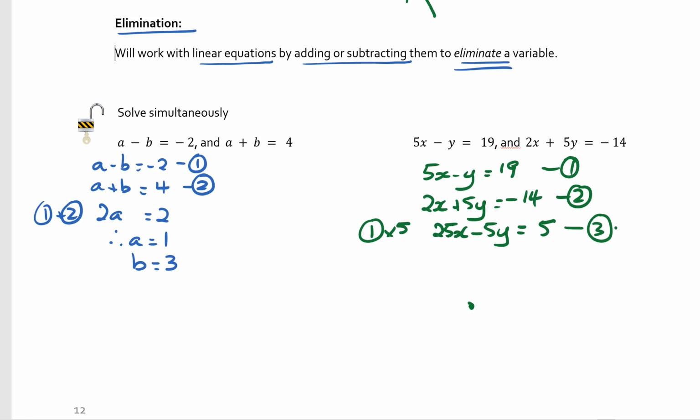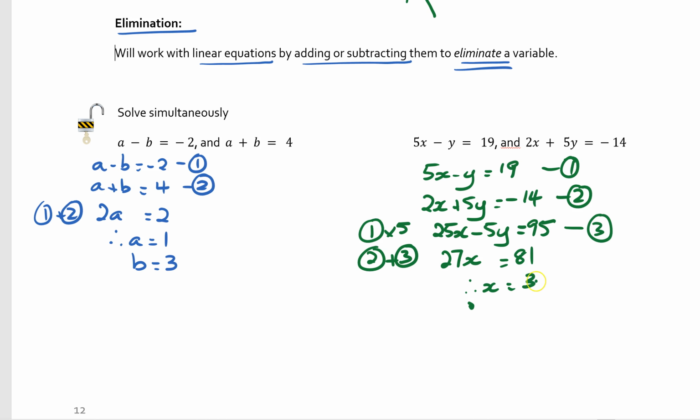And I'm going to then add 2 and 3. So for the x's, I'll have 27 x's. The y's will disappear. y will be eliminated. So 95 minus 14 will give me 81, and therefore x equals 3.